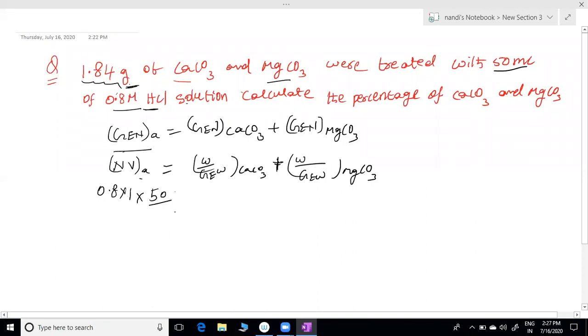Equal to. Wait, assume there is X grams of calcium carbonate, sir. X grams of calcium carbonate by the equivalent weight of calcium carbonate. CaCO3, N factor how much? Ca2+ and CO3 2-, N factor is 2.